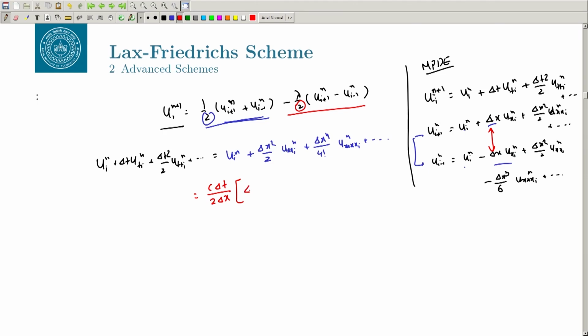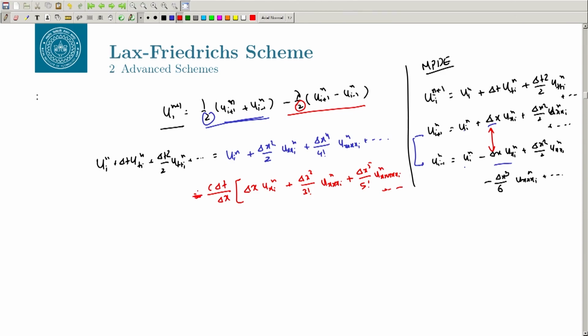So, that will become delta x. So, let me remove this 2 here. So, this is delta x u_x_i^n, plus delta x cube by factorial 3, u_xx_i^n, plus delta x to the power 5 by factorial 5, u_xxx_i and so on and so forth. Okay. This is minus sign.